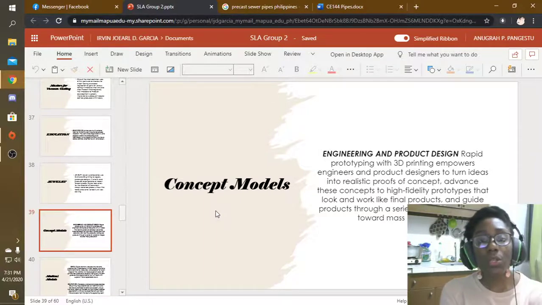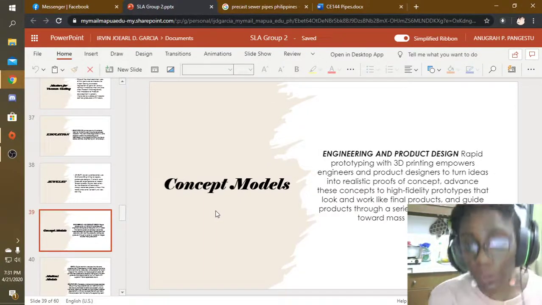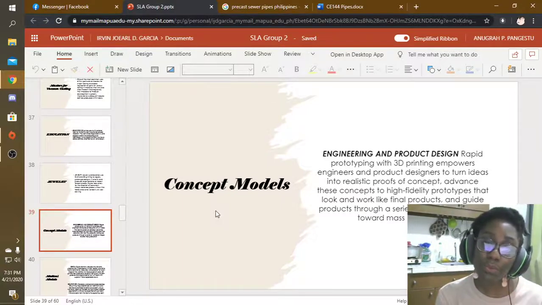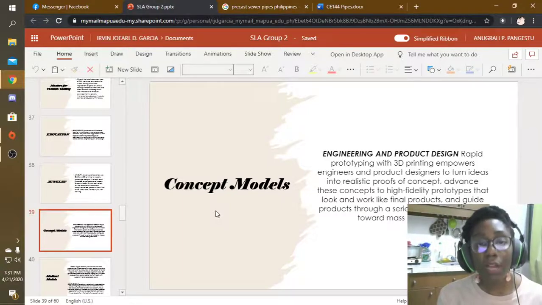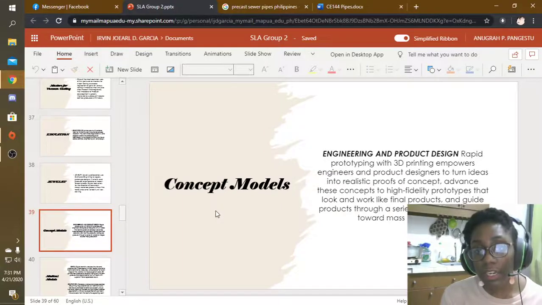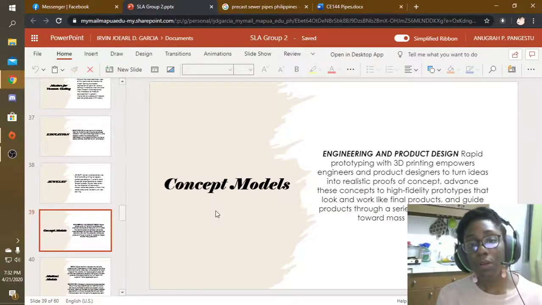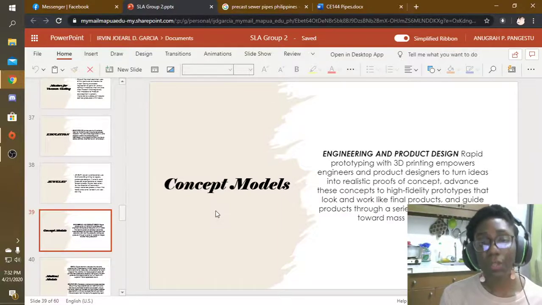concept models, so engineering and product design. Rapid prototyping with 3D printing empowers engineers and product designers to turn ideas into realistic proof of concepts, advance these concepts to higher fidelity prototypes that look and work like final products, and guide products through a series of validation stages towards mass production.